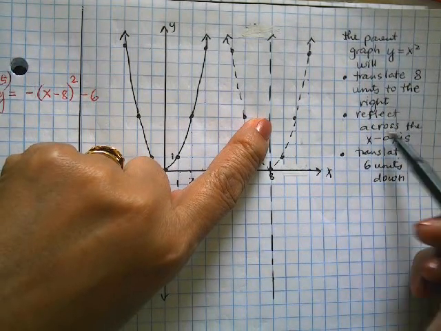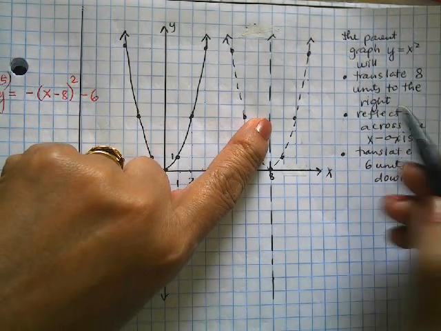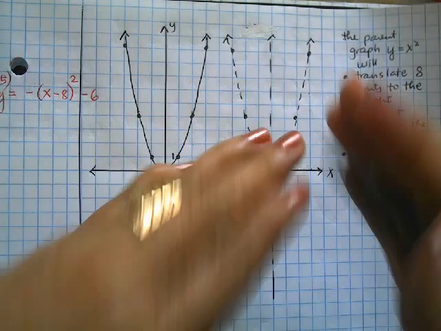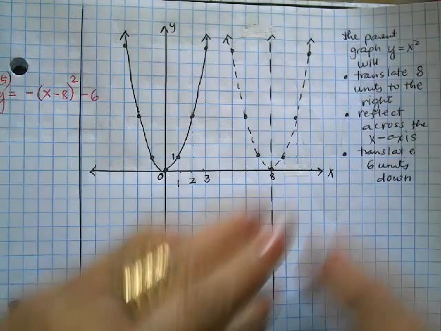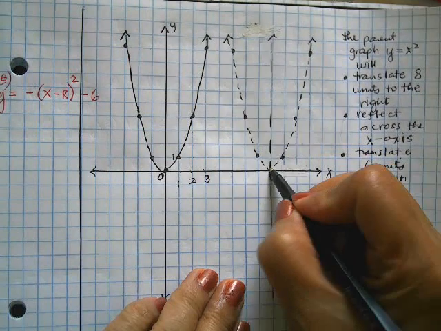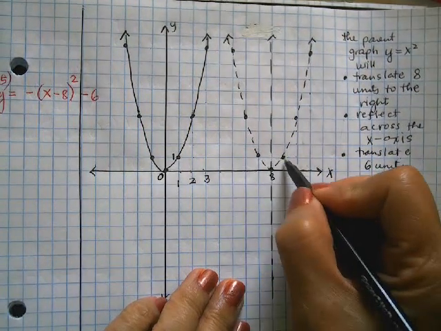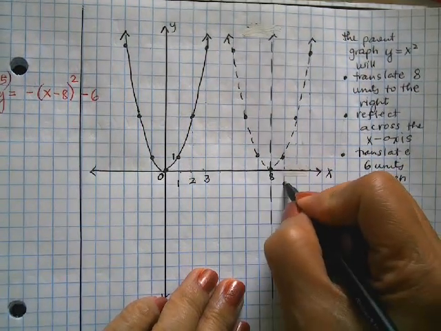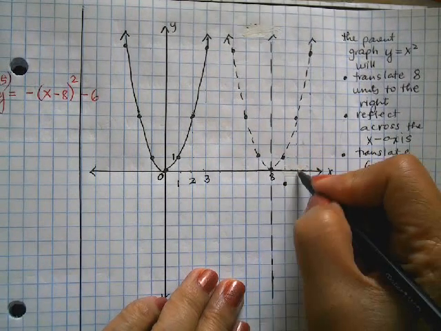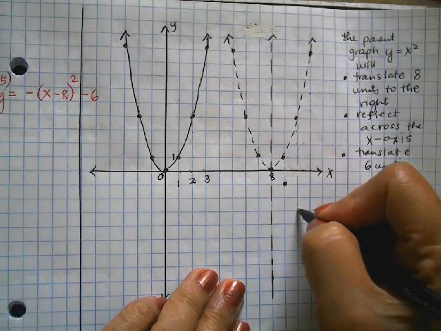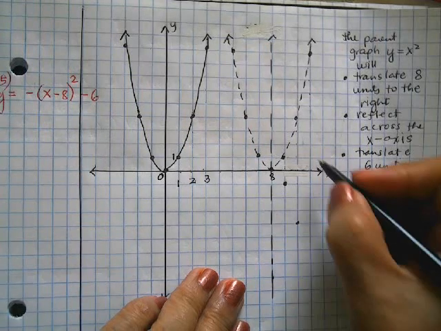We're going to reflect this across the x-axis. Reflect means you flip it here. You flip. Okay, so this one over the x-axis. So if this is 1 up, there will be 1 down. If this is 4 up, there will be 4 down. That's reflection.